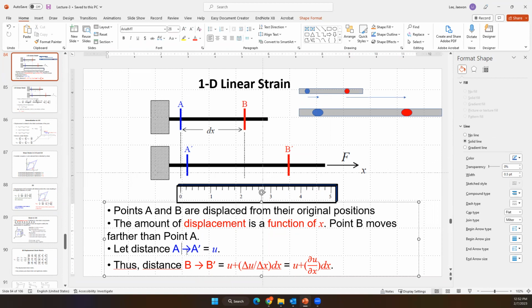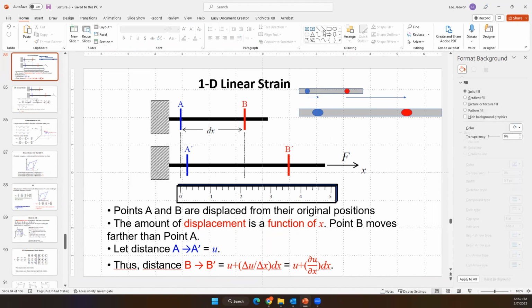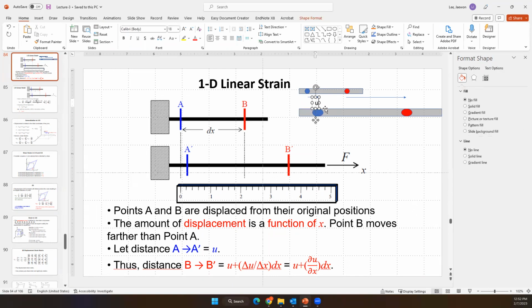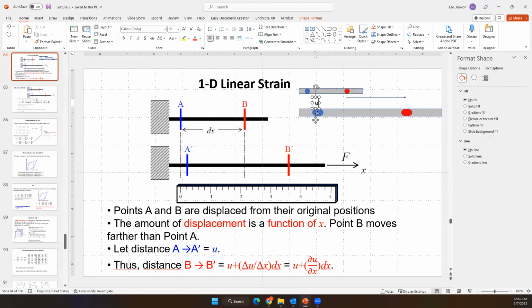If we assume this distance is U, we can explain this distance by U.